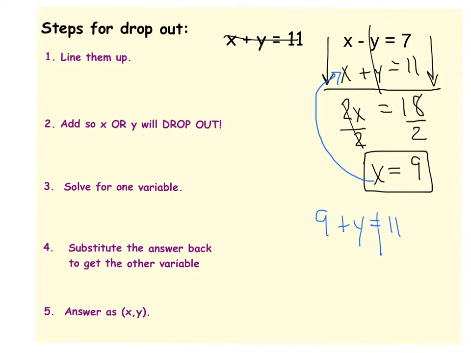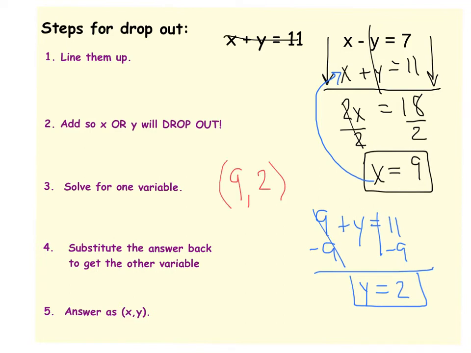I then solve by subtracting 9. That cancels, leaving me with y equals 2. And just like before, we have our x, we have our y, but our answer needs to be in the form of an ordered pair or coordinate. So x first, then y, and that is our answer.